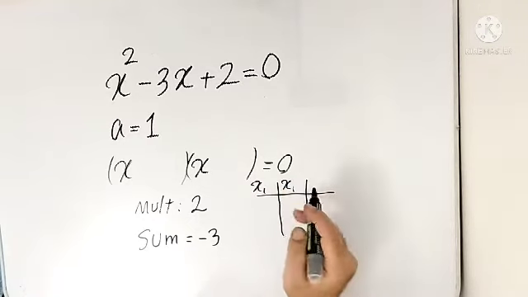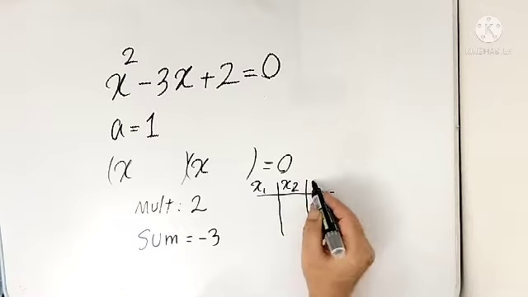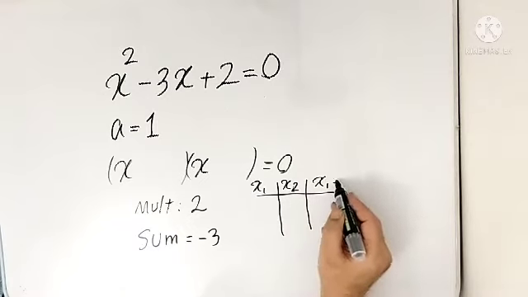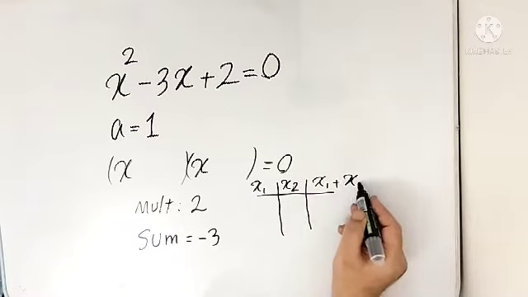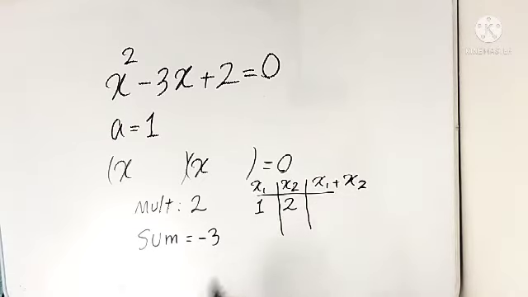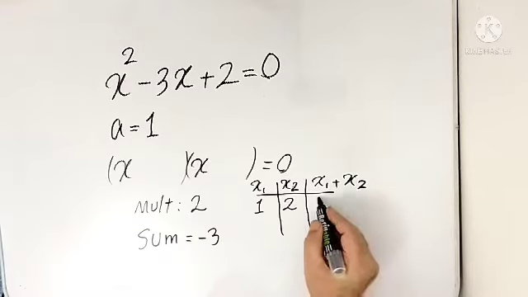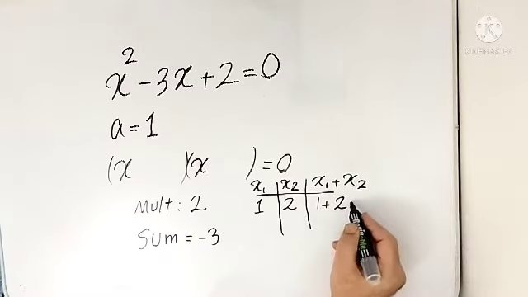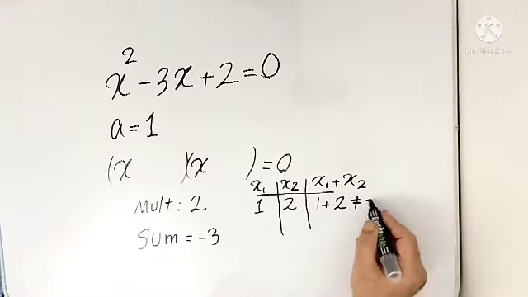Then check the sums. 1 and 2 multiply to 2, but their sum isn't -3.